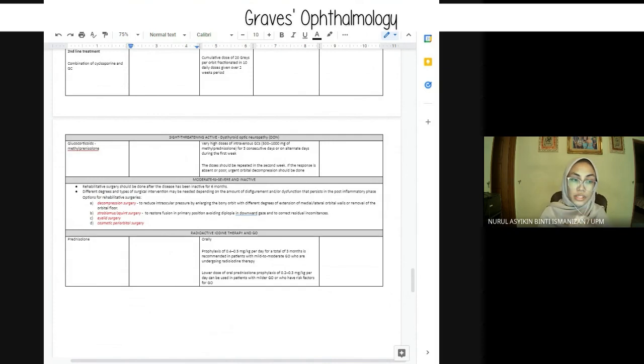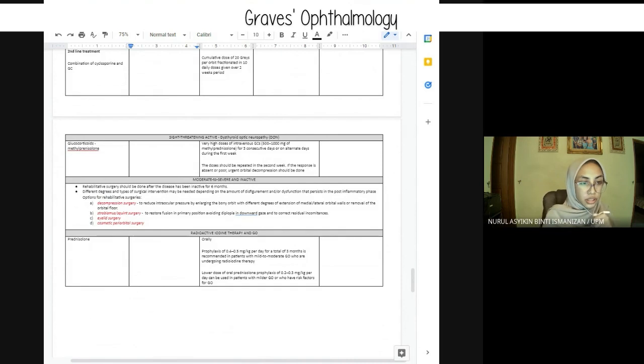Different degrees and types of surgical intervention may be needed depending on the amount of disfigurement and dysfunction perceived in the post-inflammatory phase. It means that the surgery will depend on the needs of the disease. So there are a few options for rehabilitative surgery.